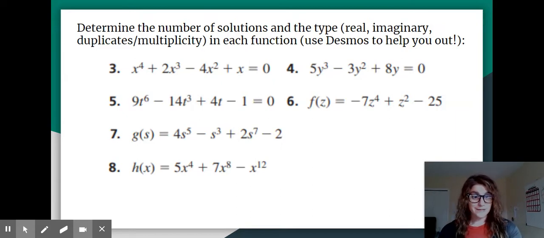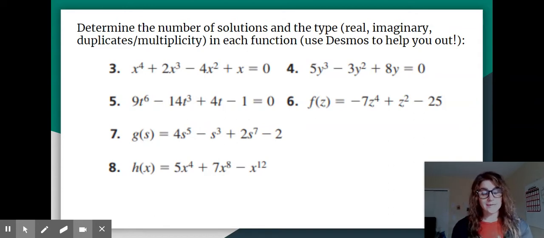We will graph these and look at wherever they cross the x-axis. If we see it crossing once, but it's a degree of 3, then I know I have 2 remaining solutions that are imaginary. If it doesn't cross at all, and it's a 4th degree polynomial, then all 4 of my answers are imaginary. Okay. If it's a quadratic and I see it crossing 2 places, then they're all real.